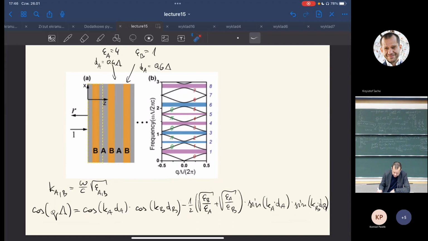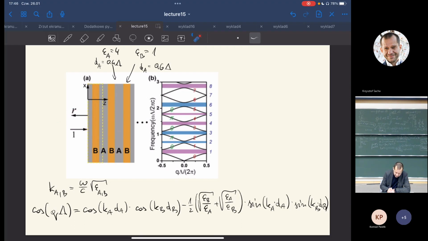And now what happens? It happens that when we have a finite medium, and the wave propagates towards this medium, and we choose the frequency which is in the frequency band, for example, here, then some part of the wave is transmitted, some part of the wave is reflected.